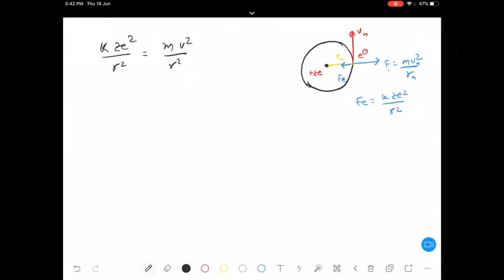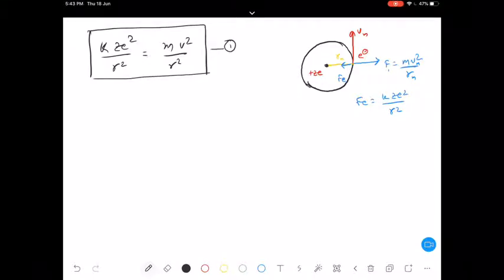I'll just write v and r. Basically they are Vn and Rn. Vn is the velocity of the electron in the nth orbit, and r is the radius of the electron in the nth orbit. Straight away I'll just write v and r. You just consider them as Vn and Rn only. Okay, so this is the first expression we are getting, equation number 1.